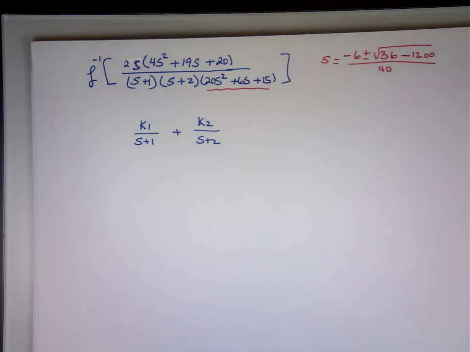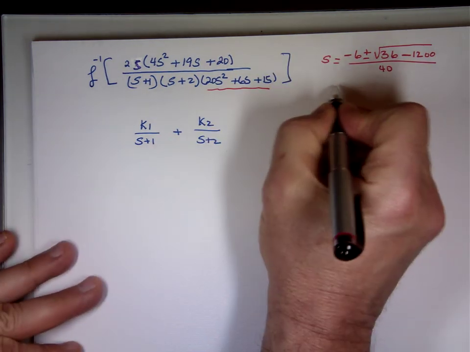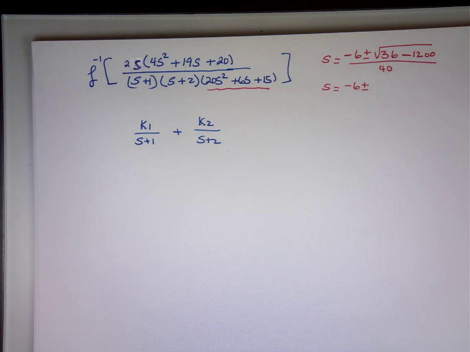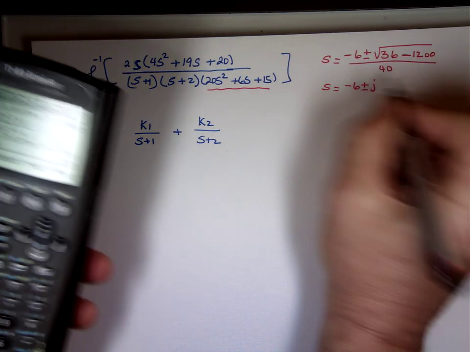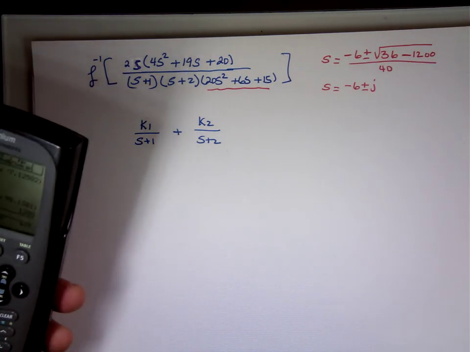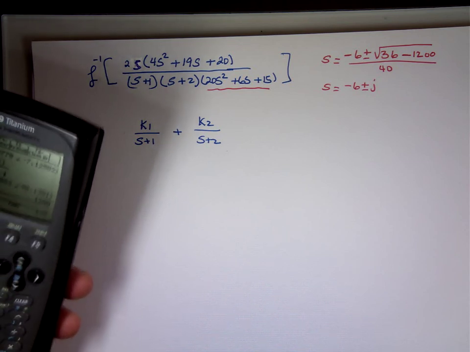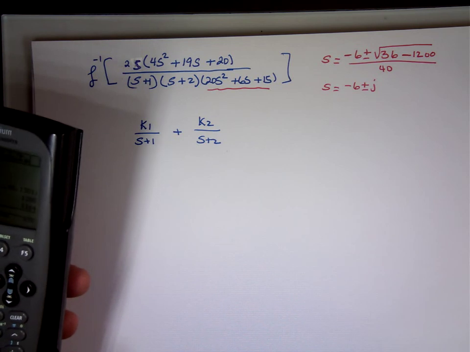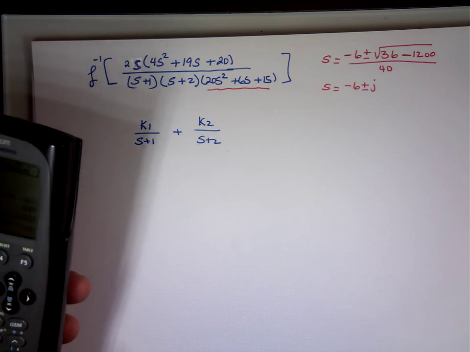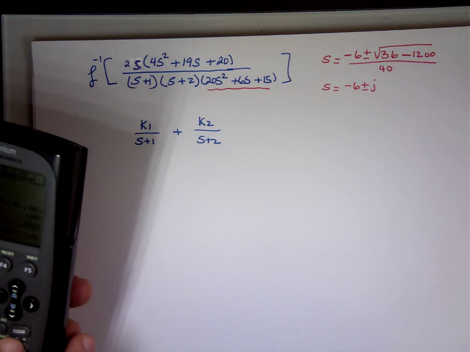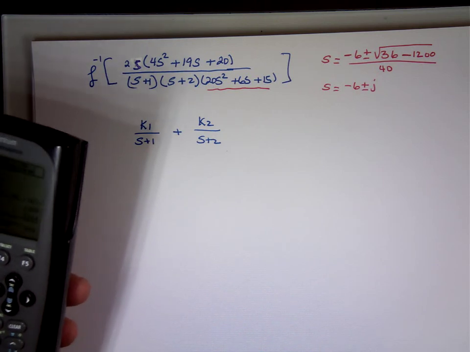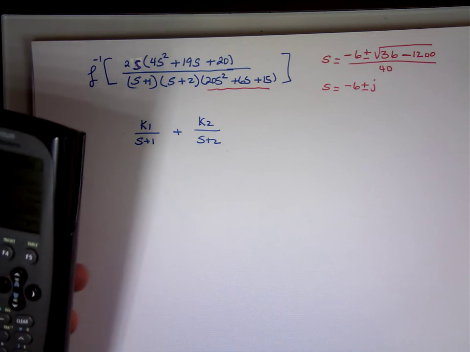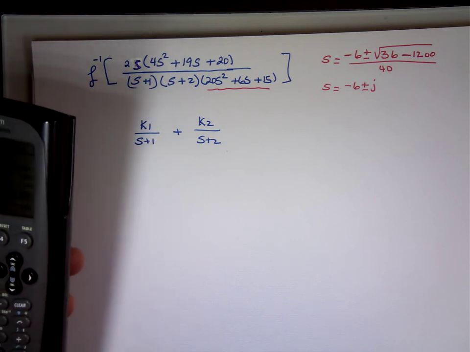So if you do that, that's negative 6 plus or minus j, square root of 1200 minus 36, 1164. Take the square root of that number. Let me change the mode to approximation here, I don't want to carry these crazy numbers.